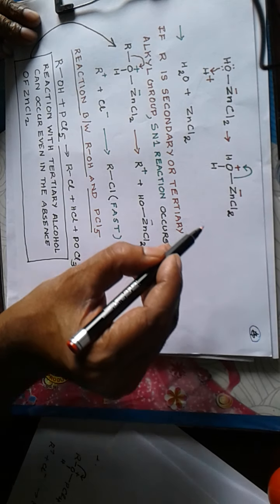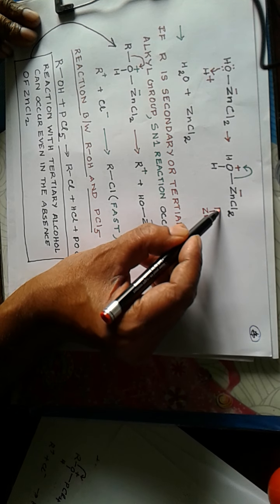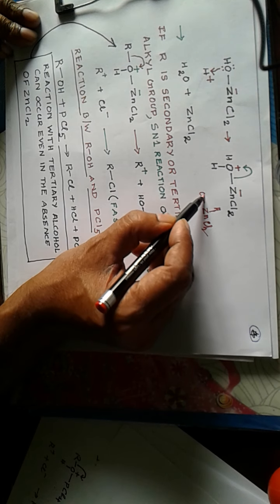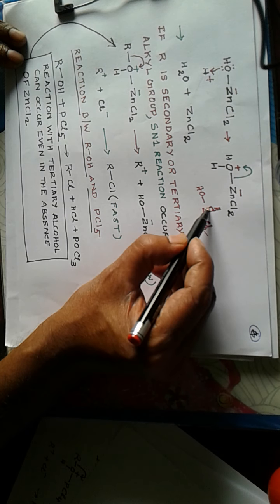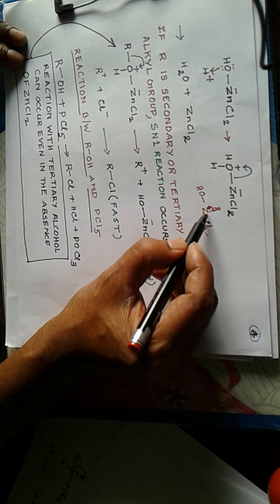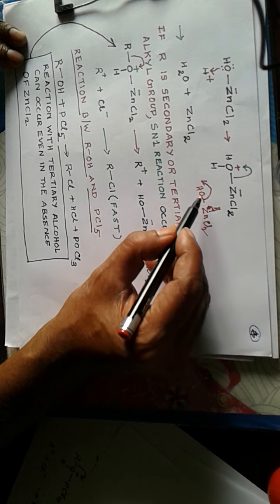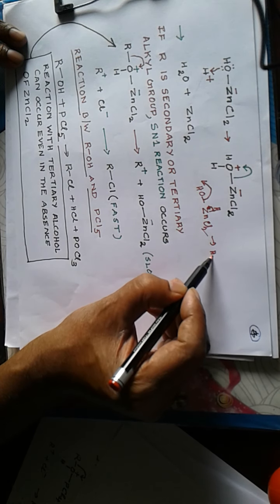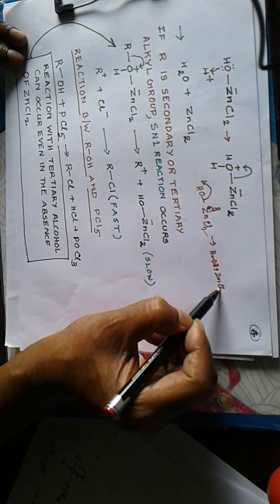Now even if H positive attacks Zn, then we get such a species which will easily remove water by shifting of H, the ZnH bond in this direction, and OH as OH negative, and this H positive and OH negative will combine to form water, HOH and ZnCl2.